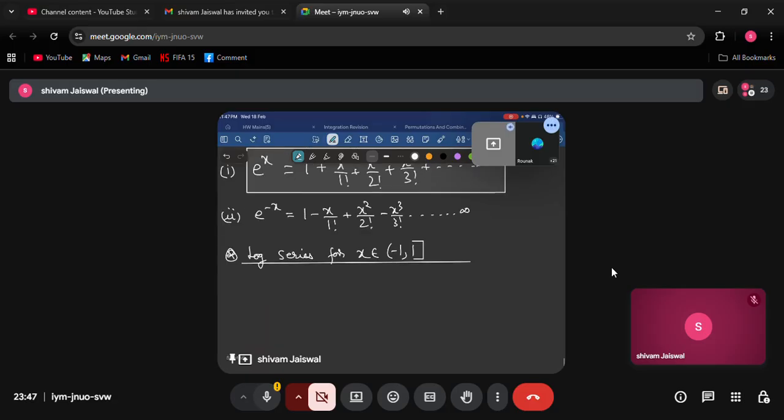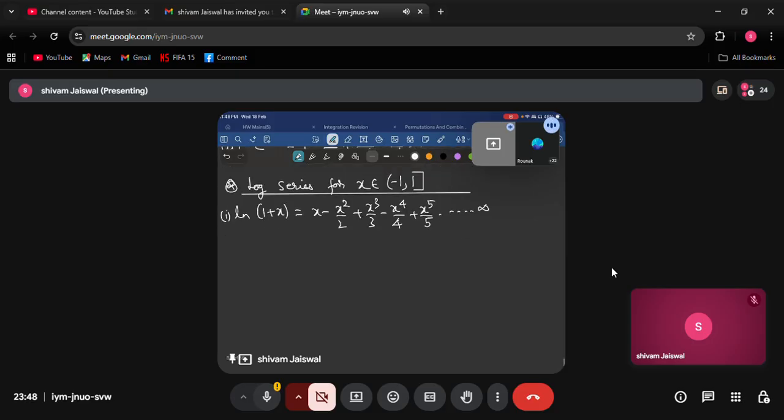That is ln 1 plus x is equal to x minus x square by 2 plus x cube by 3 minus x to the power 4 by 4 plus x to the power 5 by 5 dot up to infinity. Over here there is no factorial in the denominator.